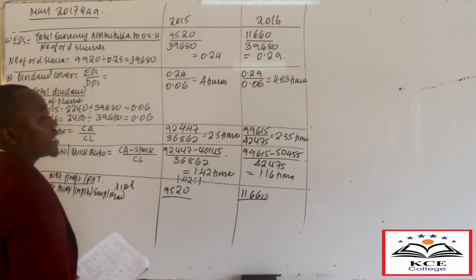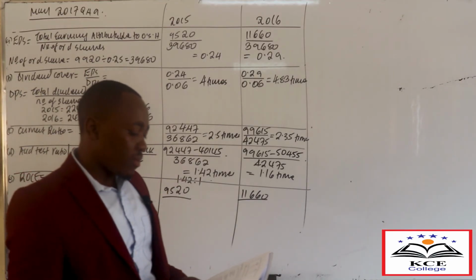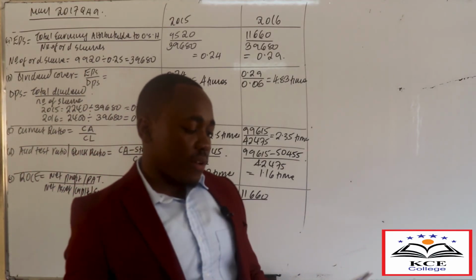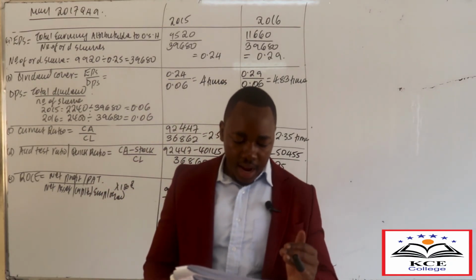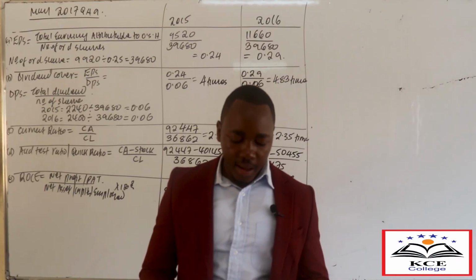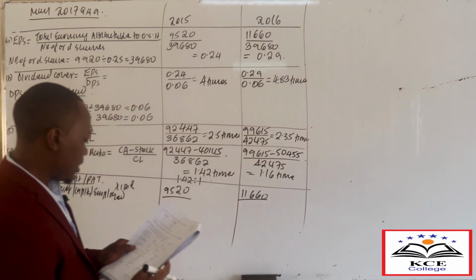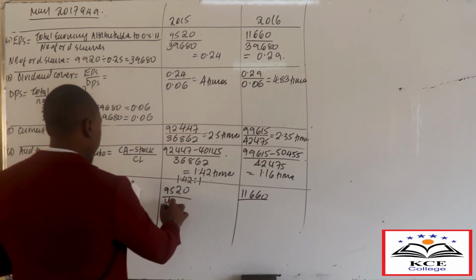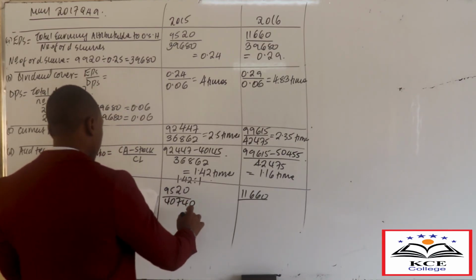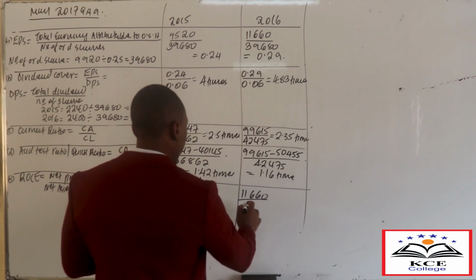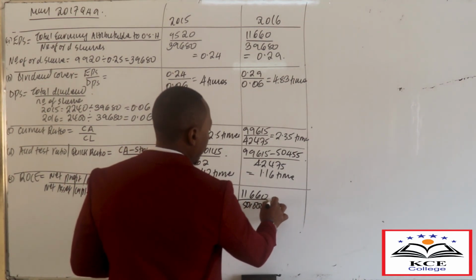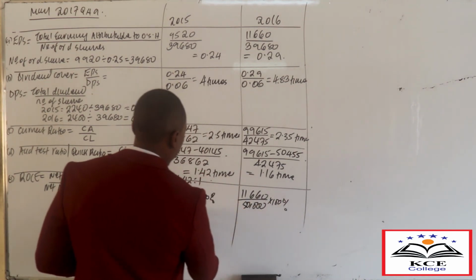Then you divide by the net asset. Now let's go to the balance sheet. The first statement you have is the balance sheet. Under the balance sheet, you are given the net asset. That's the current assets minus liability. You have the net asset, of which the net asset here we have is 4740. And you multiply by 100. 2016, it's an amount of 50,000 times 100%.